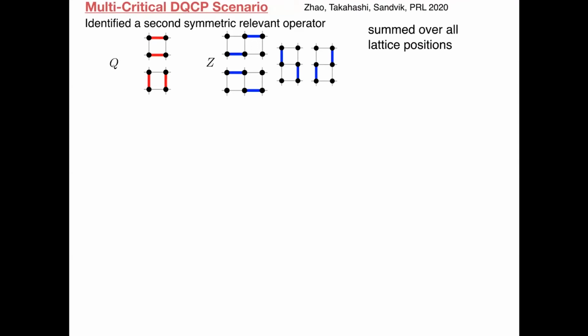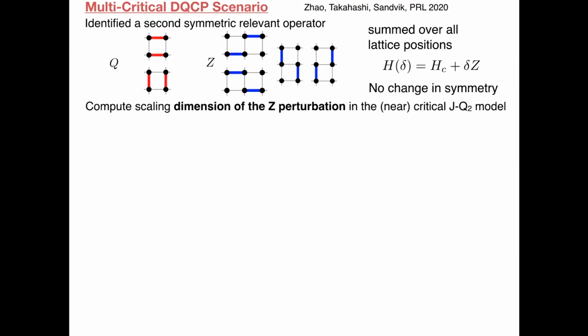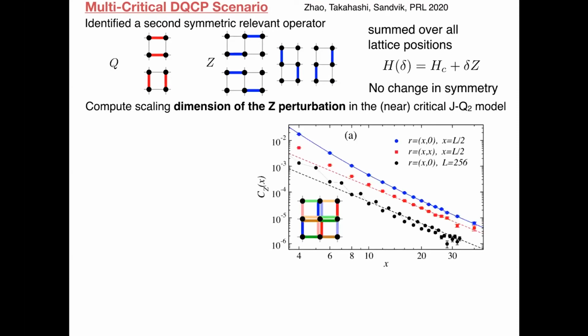Again, we imagine that we add it to the Hamiltonian, we take the critical JQ2 model, and we add these Z terms, with all rotations, translations, and so on, with some strength Z. So there's no change in symmetry here. The new lattice model that we get doesn't break any additional symmetries. And then we don't actually put it in, but we compute its scaling dimension. We sit at the critical point, and this is shown here.